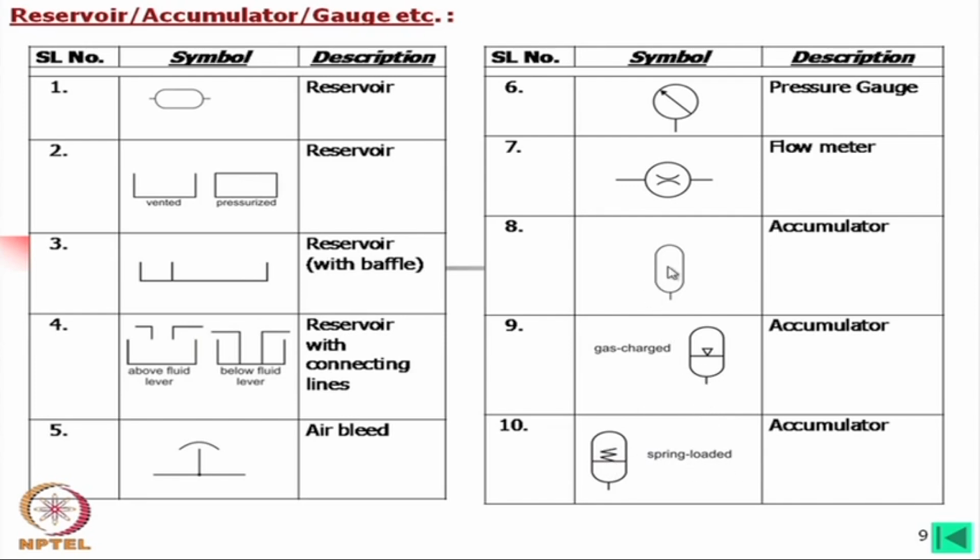Accumulator means that here this will be gas or air and here the liquid. Okay. So, while we are trying to present an accumulator, either you can put it simply and specify this, or if you are specific about showing that this is a gas charge, you can use this one. If it is spring loaded, you can use this one. Okay.